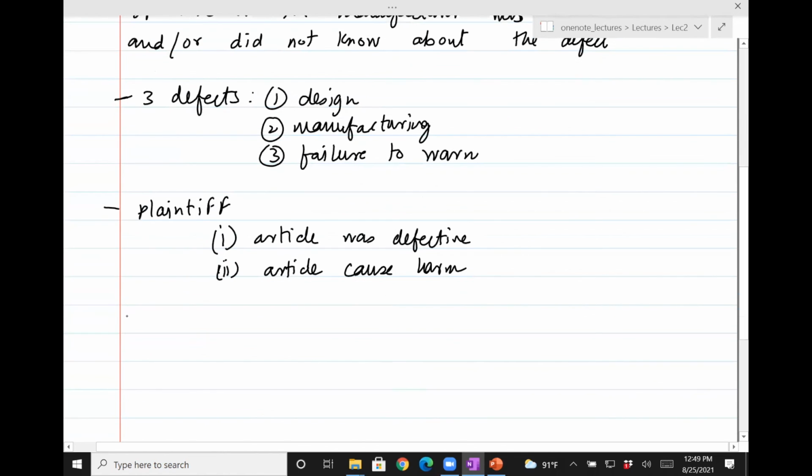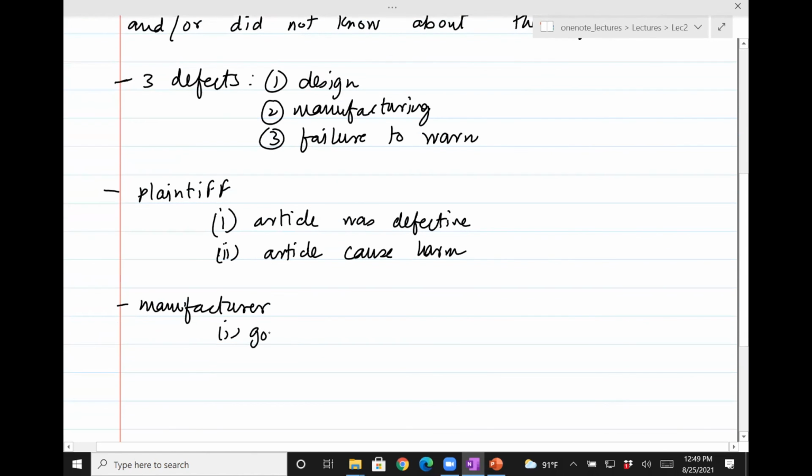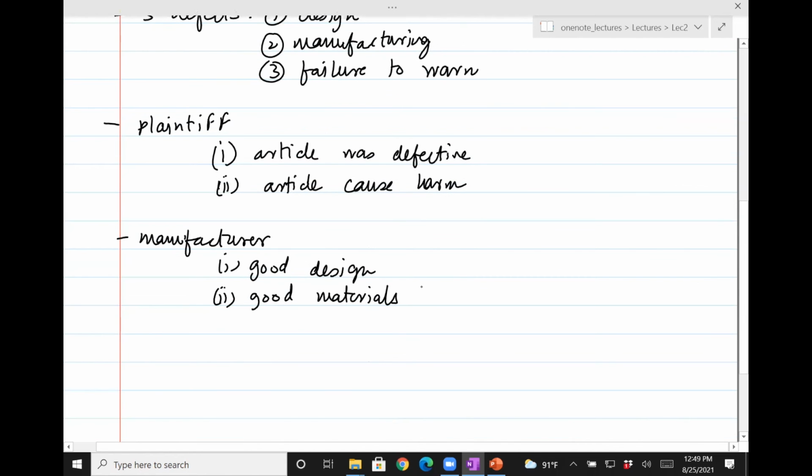So what manufacturers do in this case to avoid being sued, you want to ensure that you have a good design. Okay. So when you make multiple designs, you test them out. You have good materials, right? You probably want to follow the standards and codes, because if you don't follow them, then that's an immediate lawsuit because you did not follow a particular protocol.